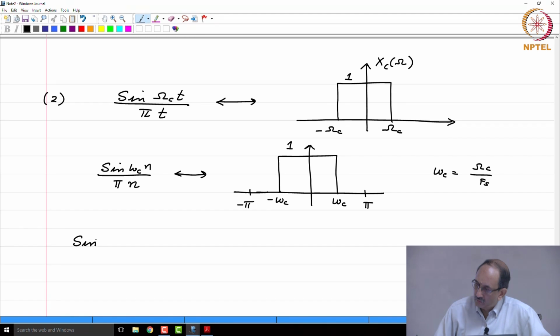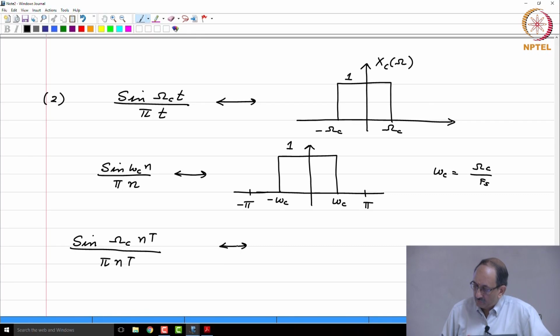And if you replace little t by nT, this becomes sin(Ωc nT)/(π nT), all right.